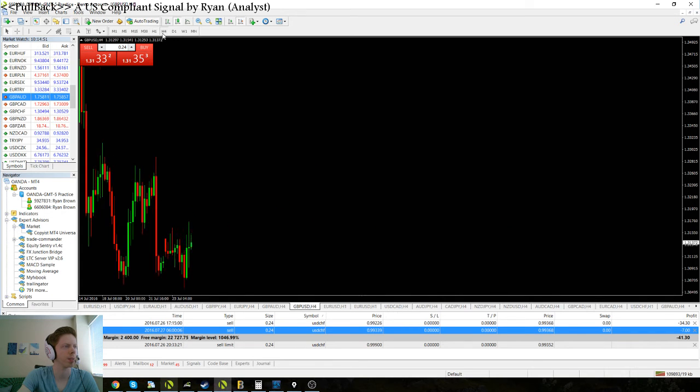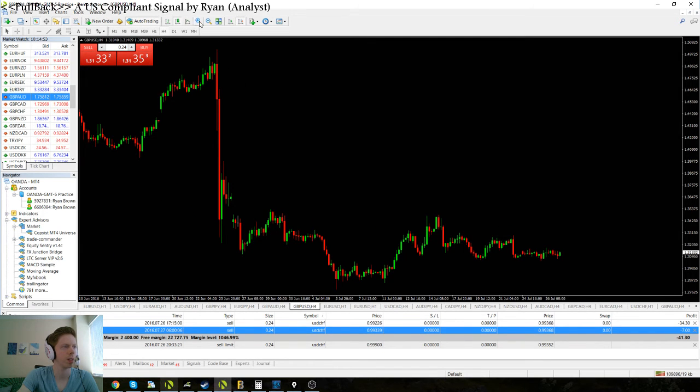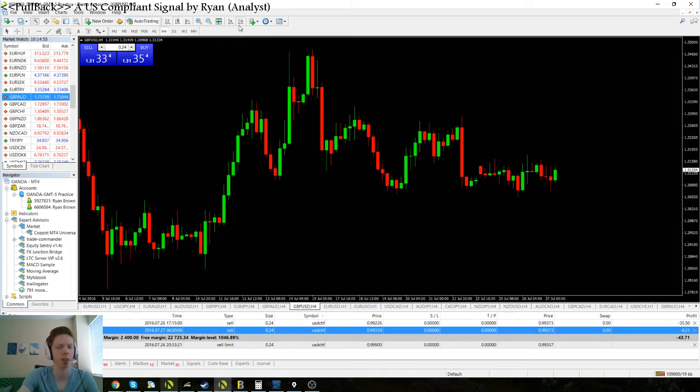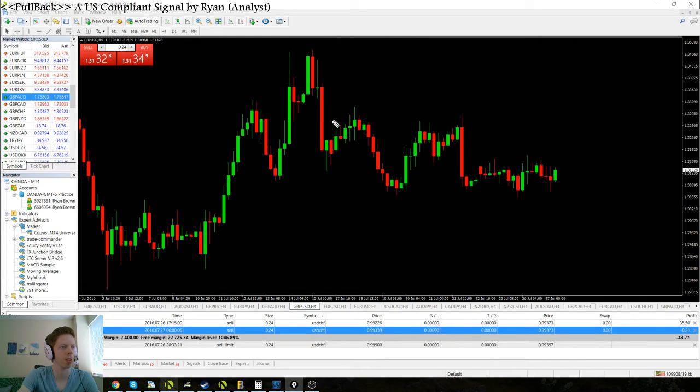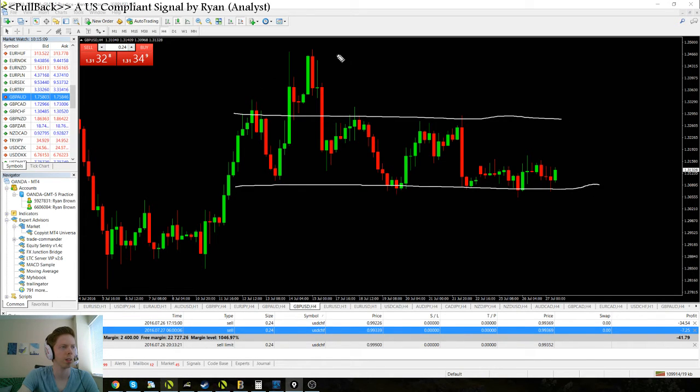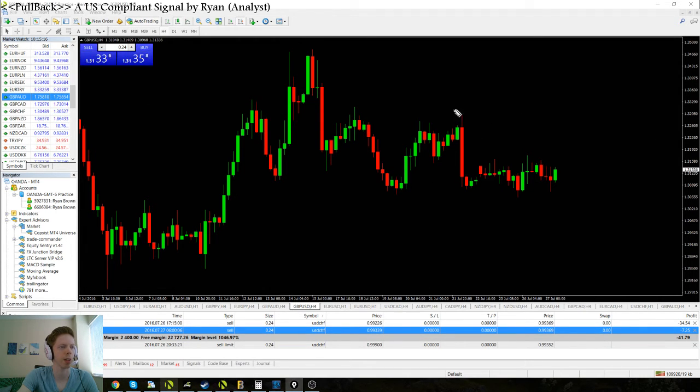Pound US dollar. Now this has been really flat lately. I'm sure that you guys have seen this as well. It's been in a pretty tight range for a while now. I mean, this area did jump out of that, but there's not been a lot of action going on here.